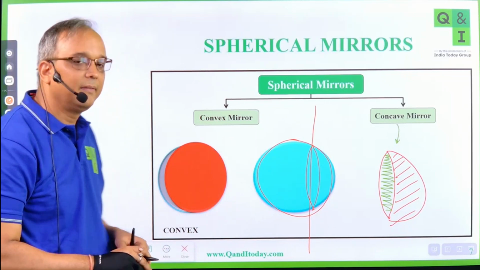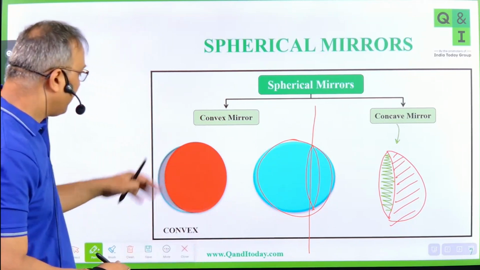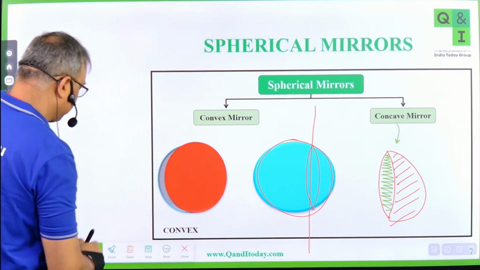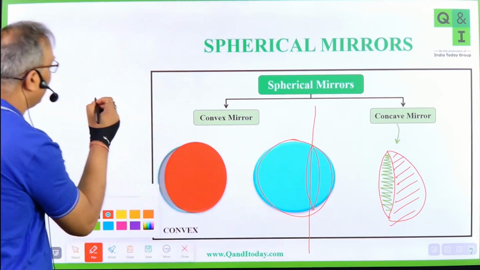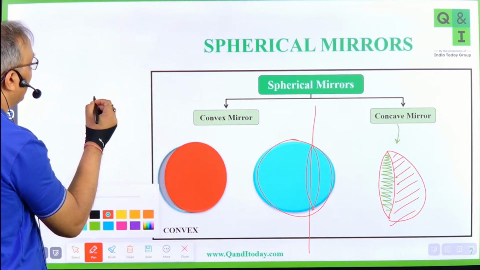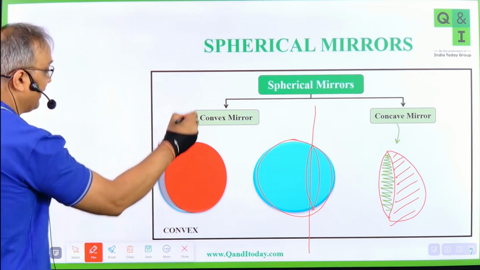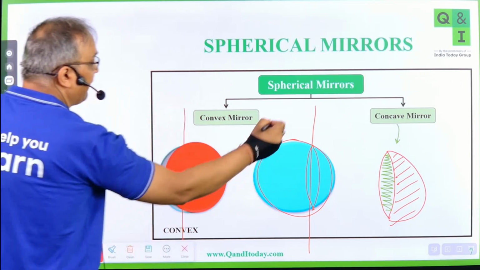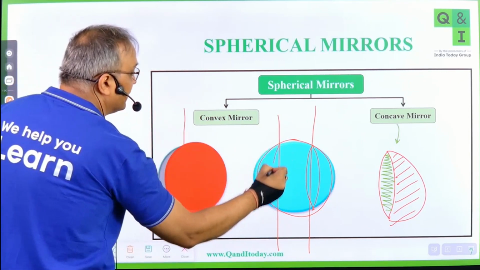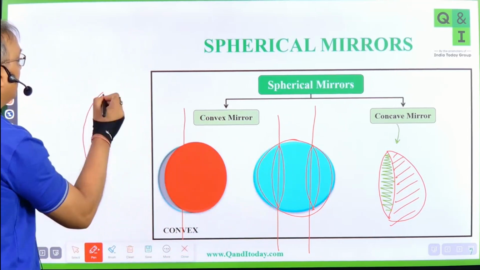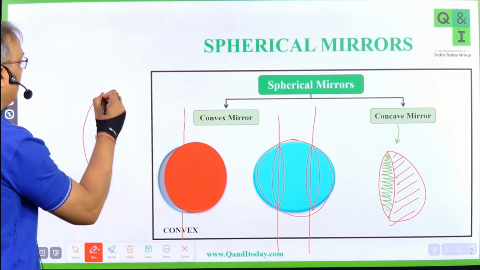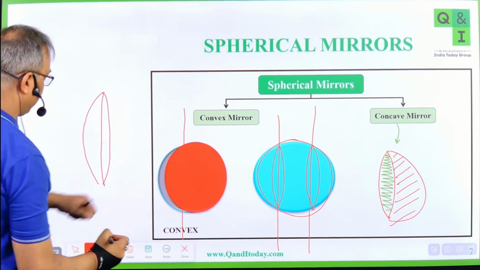Yes, sir. Okay. Now in a convex mirror, as I said, when we cut it here, let's say this is your convex mirror. Now you have cut it from here, for example. This is the part of the sphere which will come out.